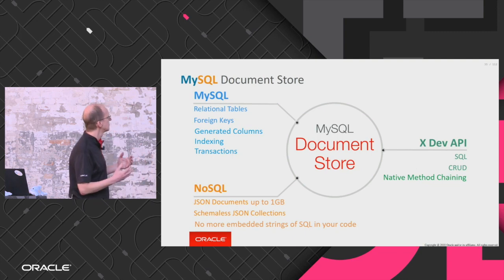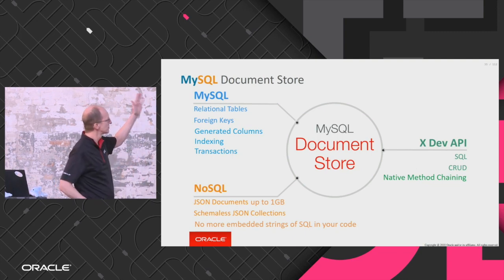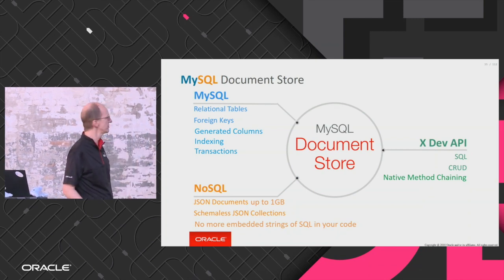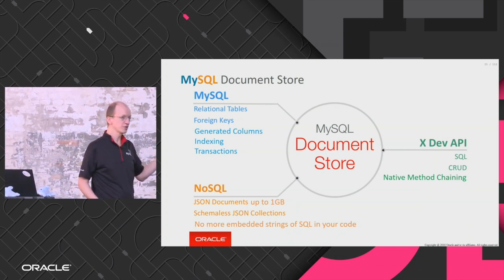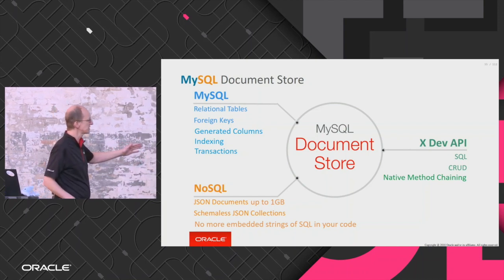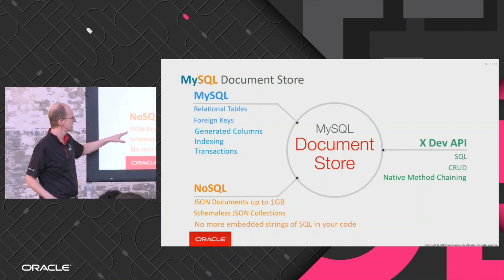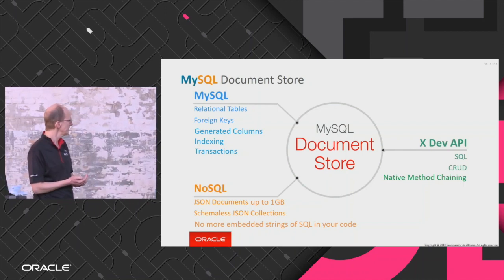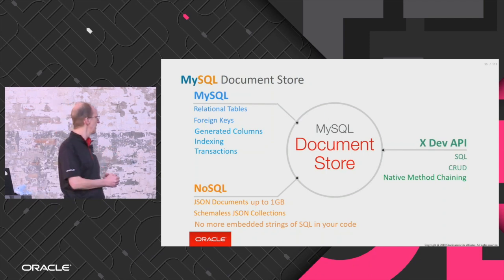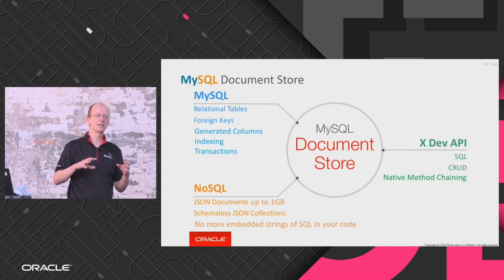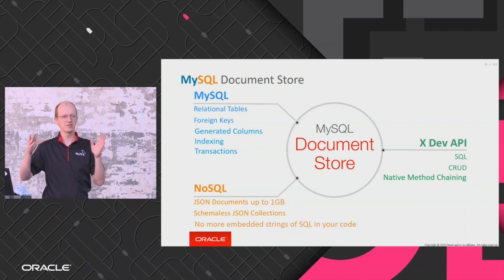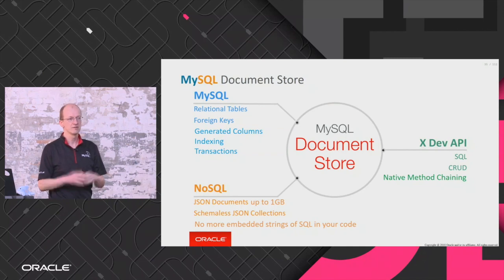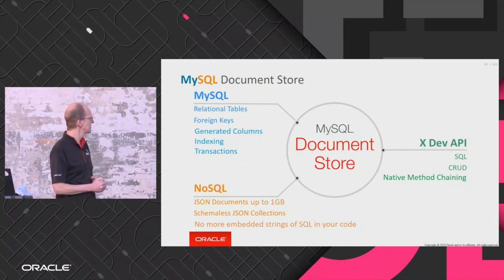So we use MySQL with all the features that you know, relational tables, foreign keys, we can use generated columns, indexes on generated columns, transactions, and we combine that with the features that people seek in NoSQL databases, like JSON documents, up to 1 GB per document, schemaless JSON collections, and no longer the need to embed SQL strings in your application that send some weird queries in some kind of string that needs to be composed to a relational database.